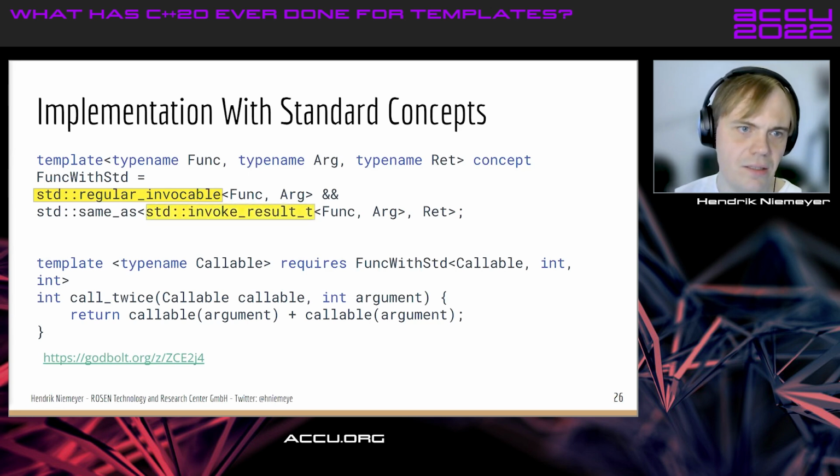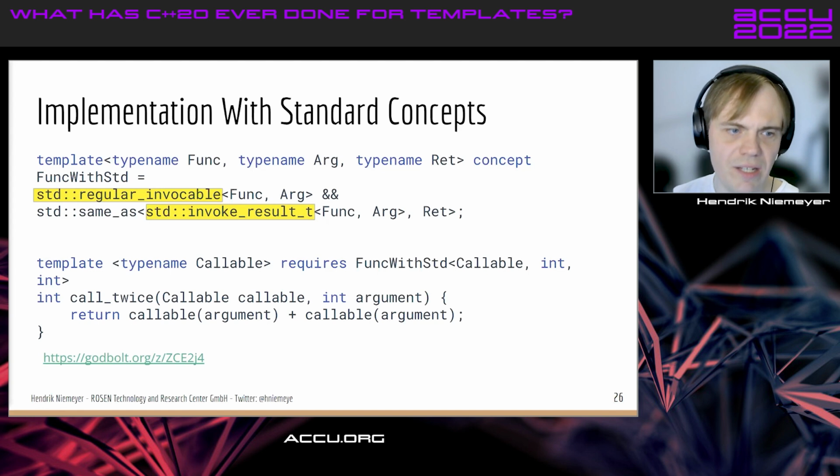The second thing is std invoke result t. So we get the result type which we would get if we called the function func with the argument arg. And we check with the std same as concept that this invocation result is the same type as the return type ret.